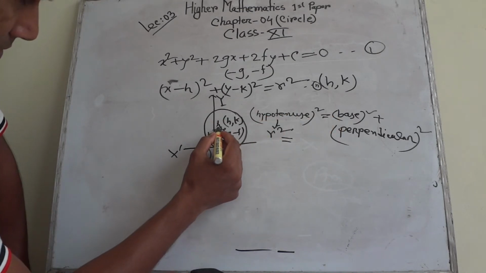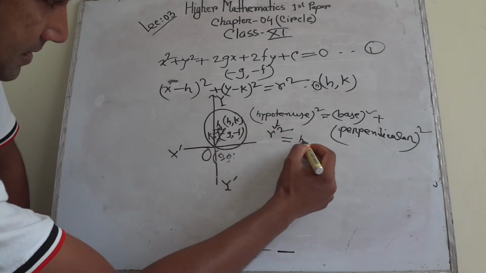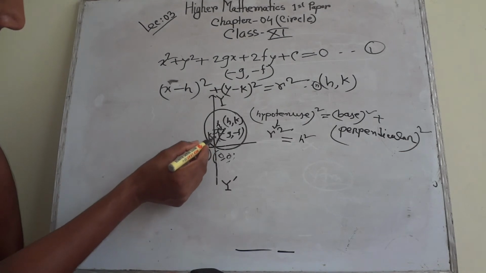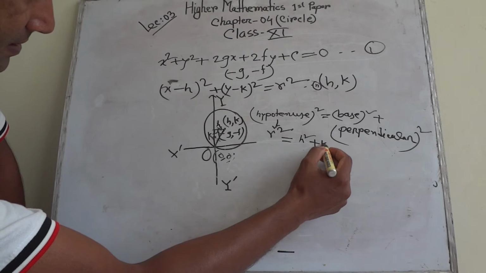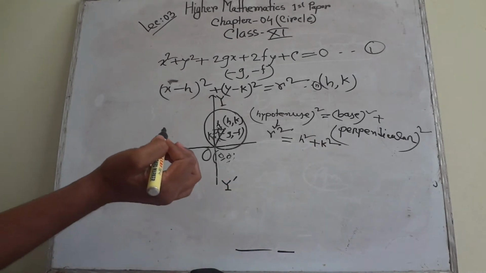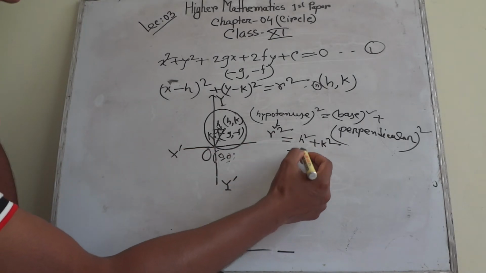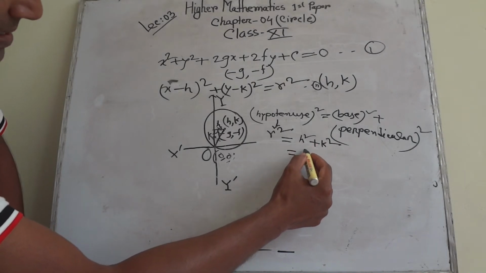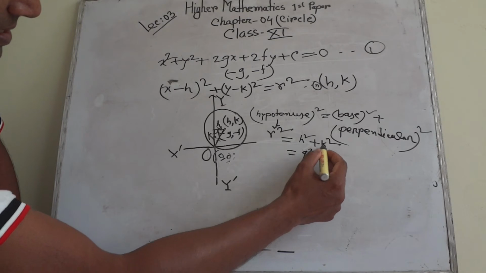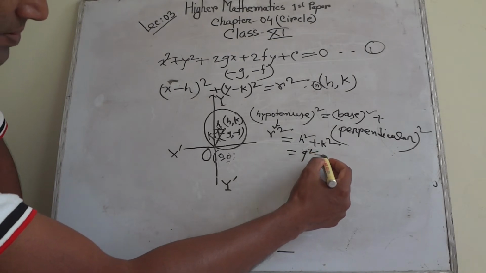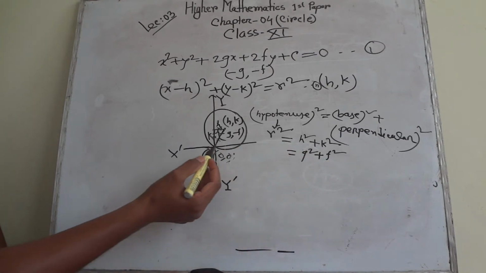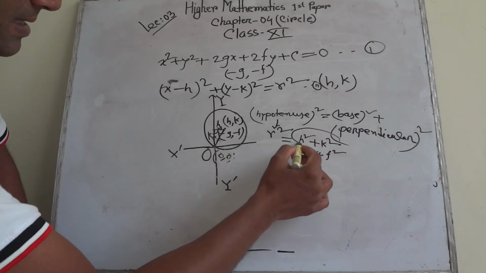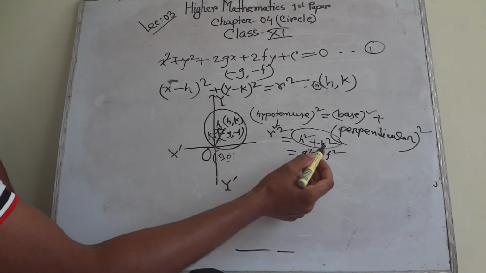Now if you consider this as the base, you will get h square, and if you take this as the height or perpendicular, that is equal to k square. Here h is equal to minus g, h square is g square, and k is equal to minus f, so this is f square. So r square equals h square plus k square.